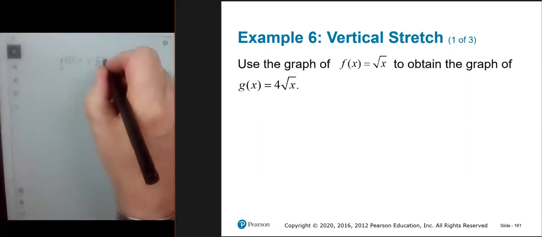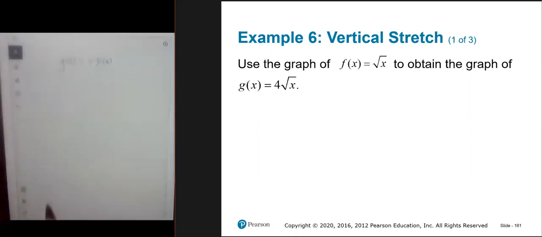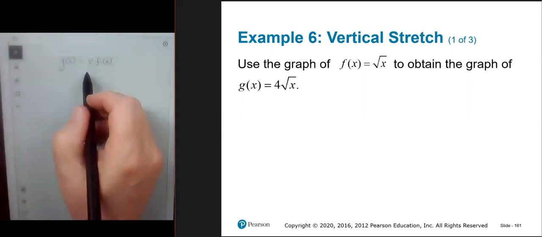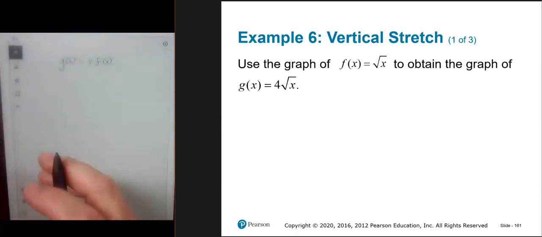So I'm changing the y value of the f function. So that's a vertical change, and I'm changing it by a factor of 4. That means I'm multiplying by 4.